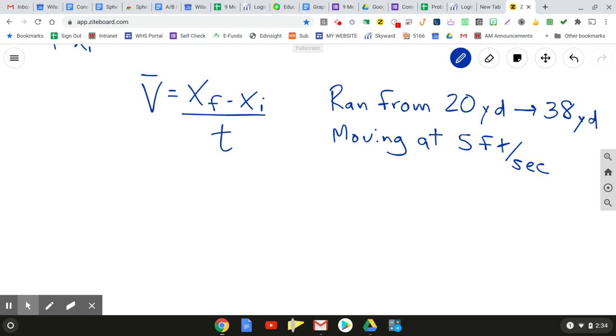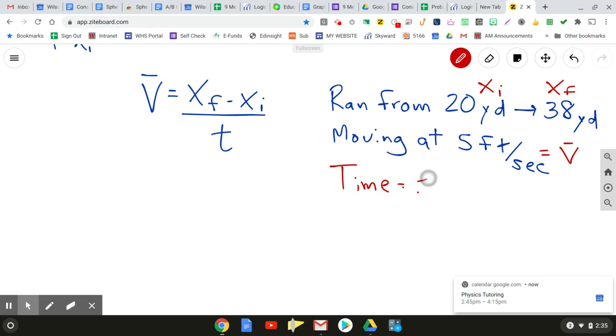So notice here, we've got our initial position. We almost have to identify what we have. Here's our initial position. Here's our final position. This is our average velocity. Notice our units almost give it away. In this case, the question is, how much time goes by? So here's our unknown variable, and we can plug things in.